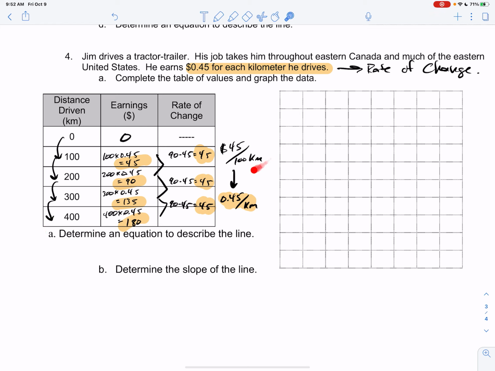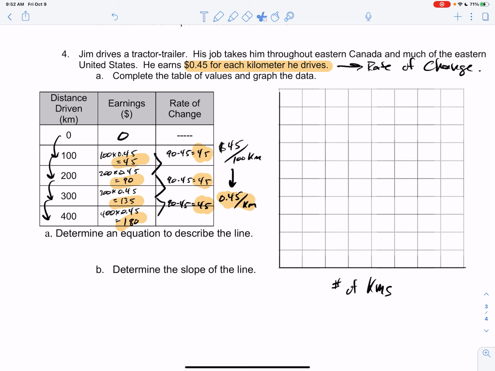Okay, so if we go to graph this here, let's do that. On the bottom here is number of kilometers, and the top here, let's label this my earnings. I'll put an E for earnings.